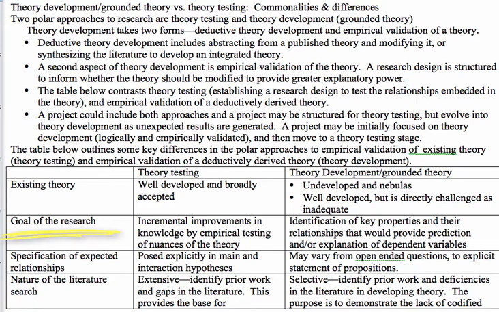The goal of the research for both theory testing and theory development is to make improvements in the knowledge of this particular area. And so in theory testing, we are just looking at those incremental improvements, but knowing that the theory is pretty solid, at least for the current time period, because as we develop more knowledge in the science fields, we are more likely to see things differently, and so the theories change as to what is going to be accepted.